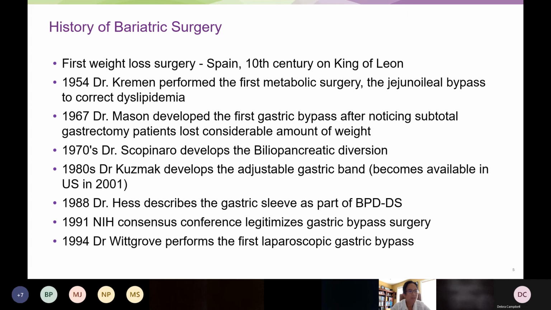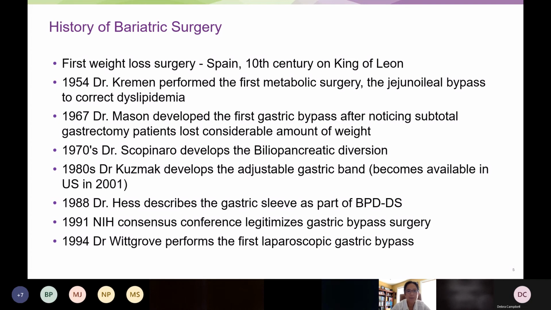He was treated by a physician who sutured his lips shut so he could only take in liquids. The physician gave him a concoction of different herbs and opium to drink until he lost half of his weight. Once he did that, he was able to regain his throne. That was the first known bariatric surgery or weight loss surgery.